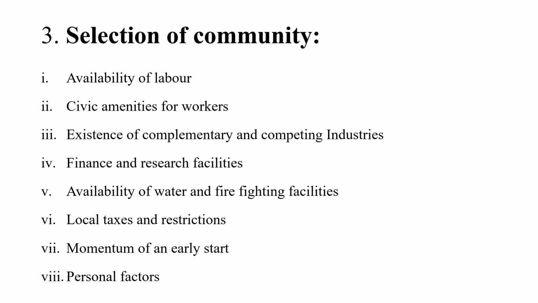Next one is availability of water and firefighting facilities. See, some industries require a huge amount of water. Rayon manufacturing units, fertilizer units, cotton industries, leather industries, all these types of industries require water.